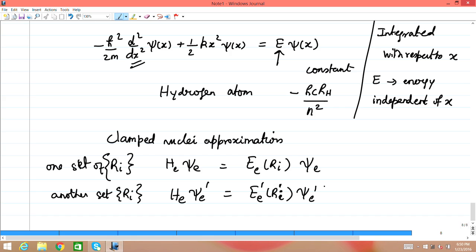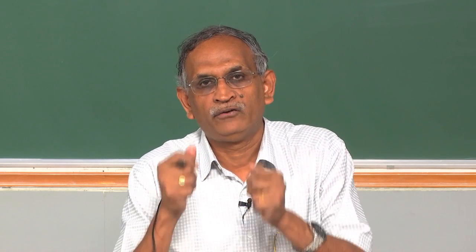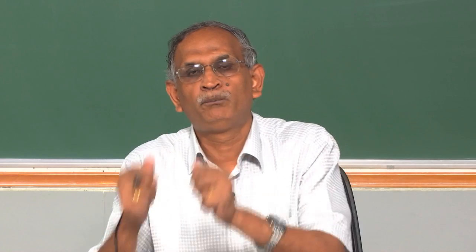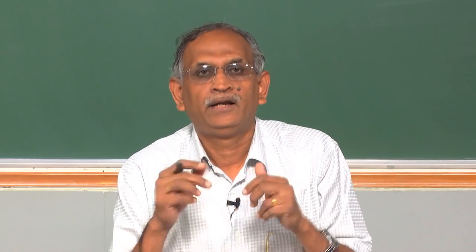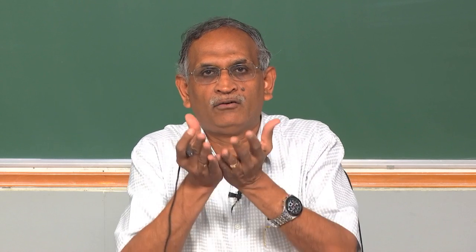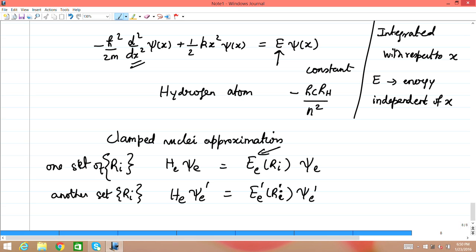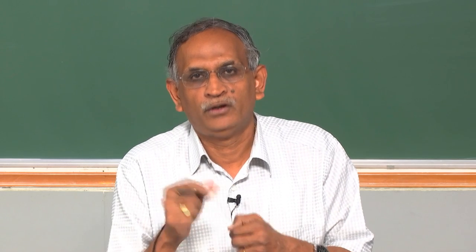Therefore, what you do is solve the electronic equation for each and every possible set of coordinates of all the nuclei, and in that process you generate electronic energies E, which are functions of the position of the nuclei.